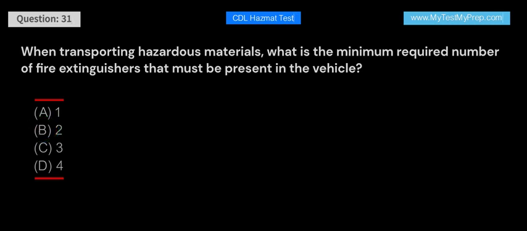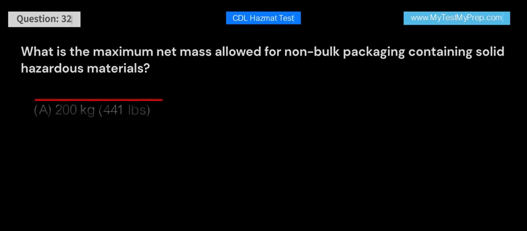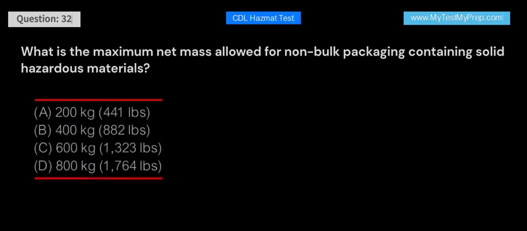What is the maximum net mass allowed for non-bulk packaging containing solid hazardous materials? A. 200 kilograms, 441 pounds. B. 400 kilograms, 882 pounds. C. 600 kilograms, 1,323 pounds.